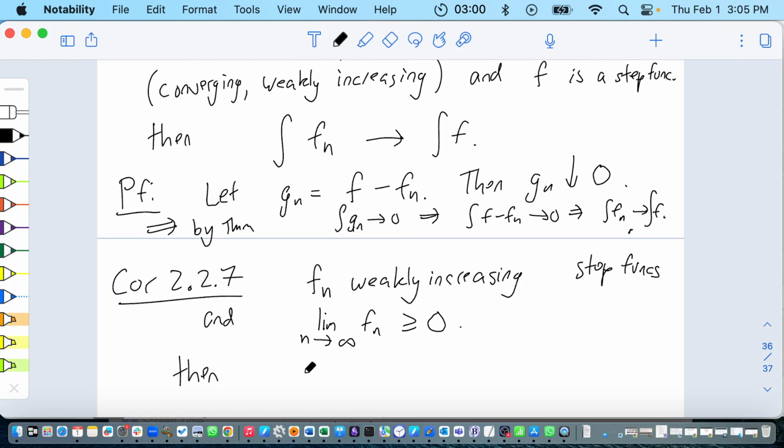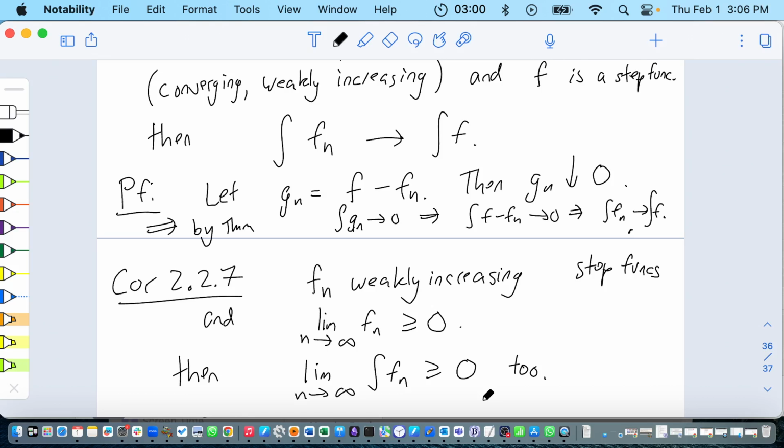Then the limit as n goes to infinity of the integral of fn is bigger than 0 too. So before they were converging to something, and the limit of the integrals was the integral of the something, but now they're just always bigger than 0. The limit will also be bigger than 0. We're going to use this one later.